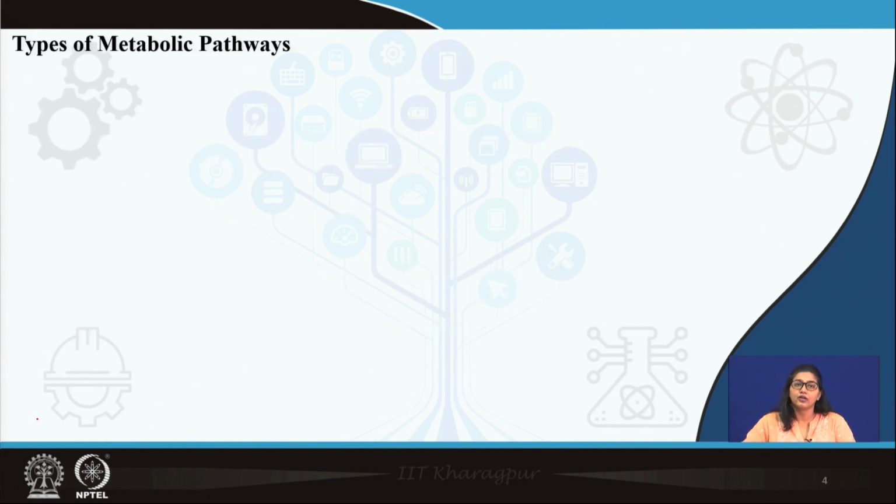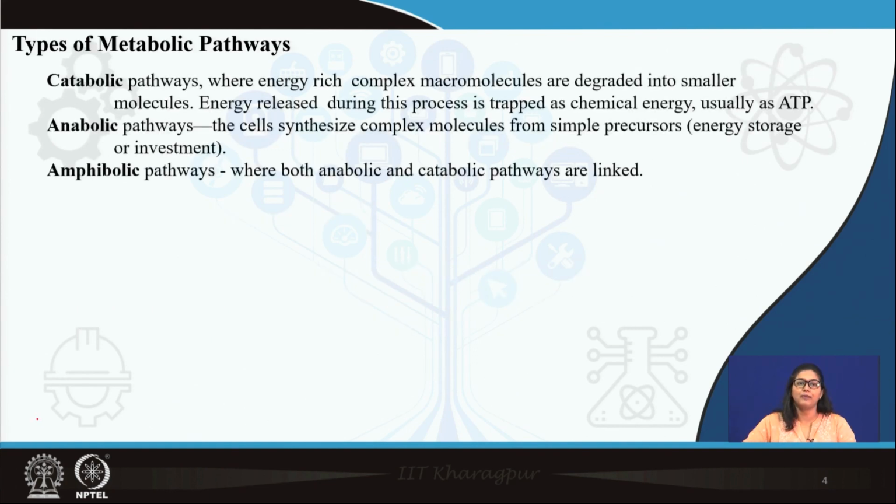Now what are those different types of metabolic pathway? So metabolic pathway can be grossly of two types, catabolic and anabolic, and of course there is a mixture or in between metabolism, that is amphibolic pathway.